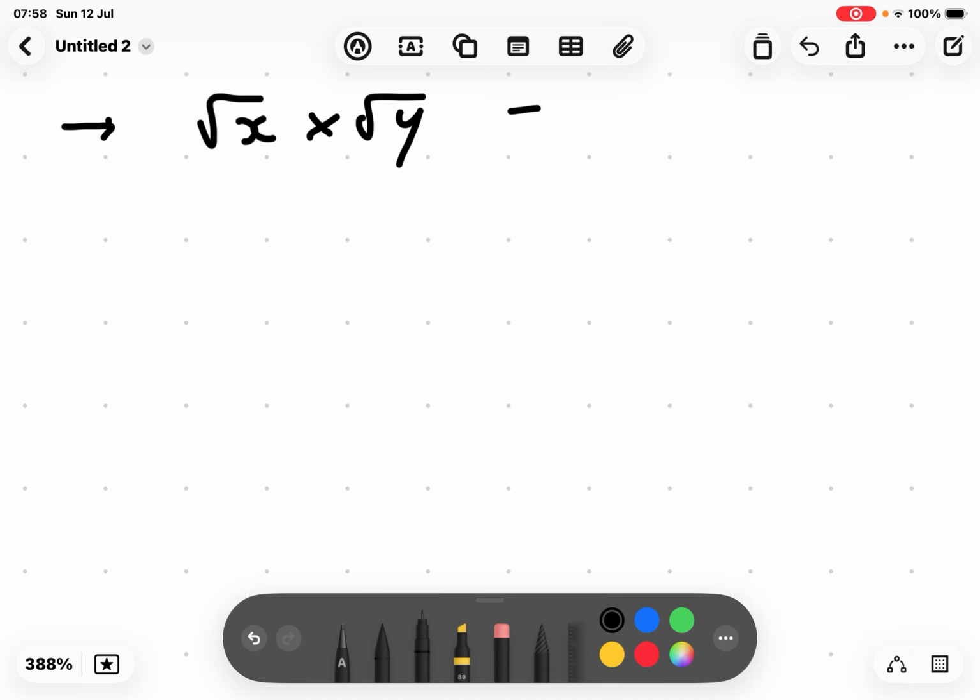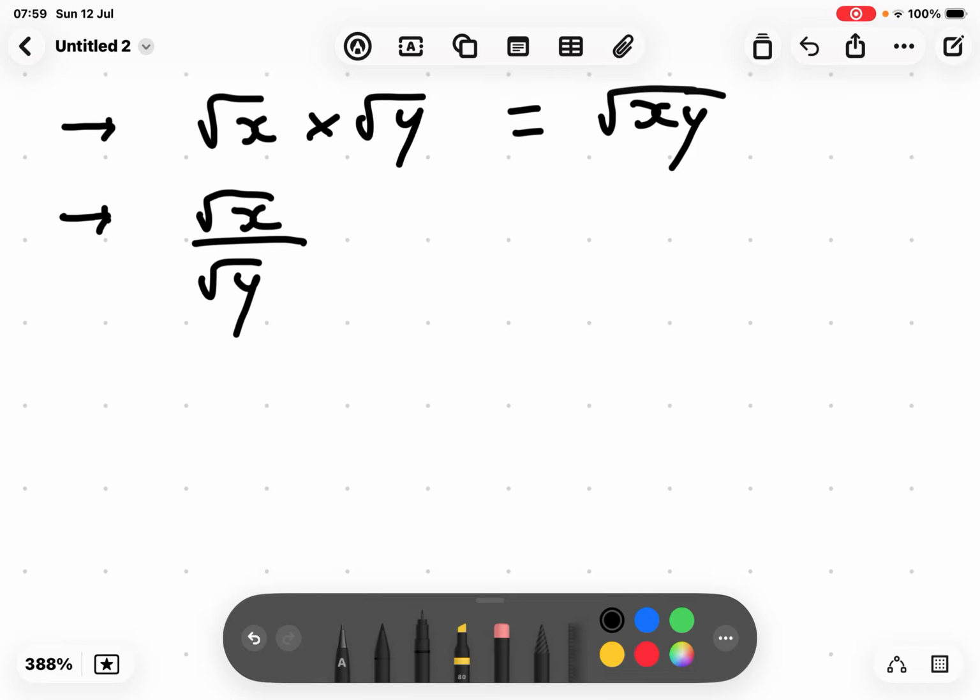This is equal to this, so both numbers being together. And then the other law is this. It's kind of basic, I guess.